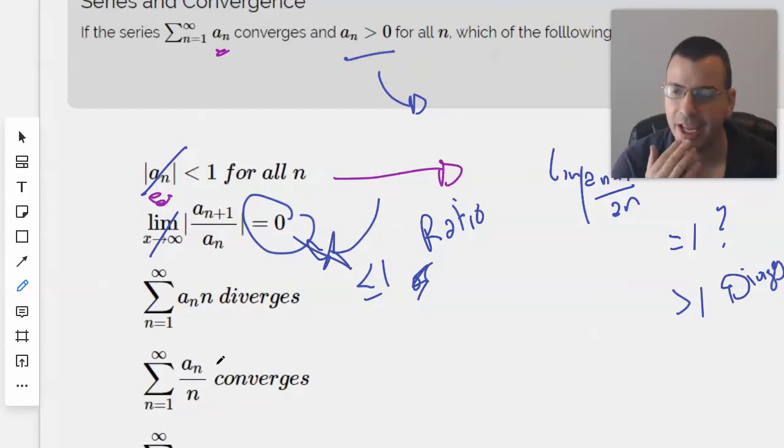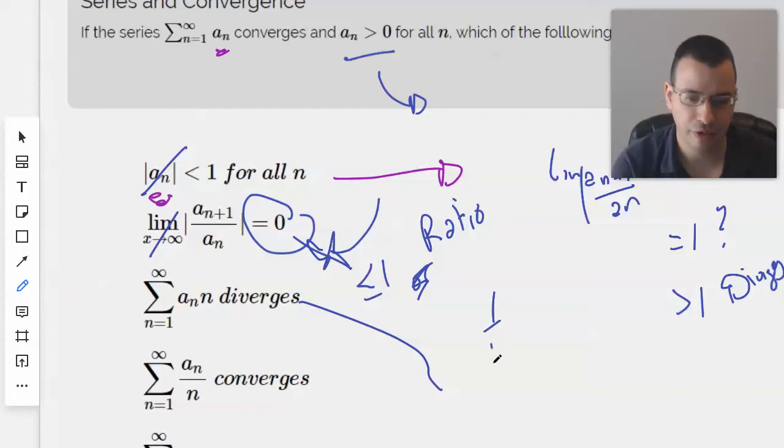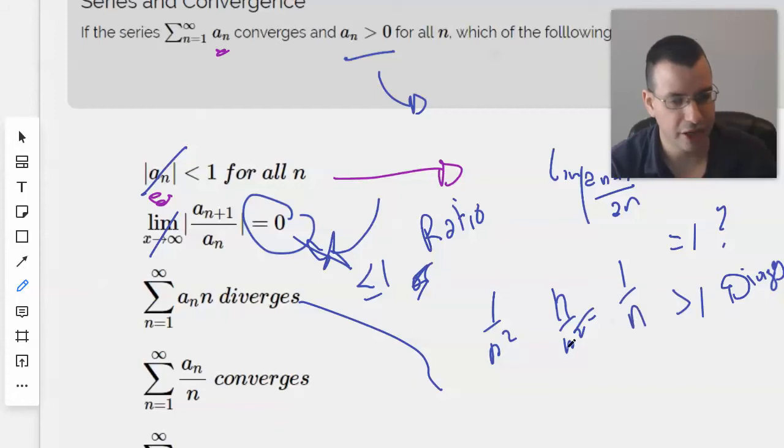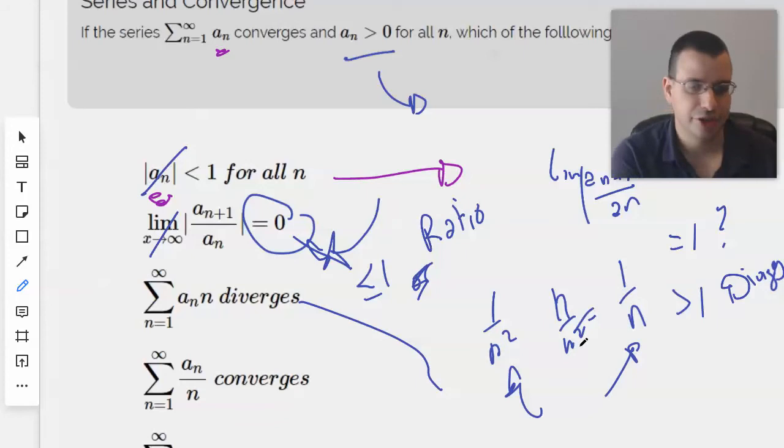Okay. The series of n times a of n diverges? Not necessarily. If you had 1 over n squared, and then you multiplied by n, that'd be 1 over n. So you'd be like, oh, this one converges, but that one diverges because it's a harmonic series.